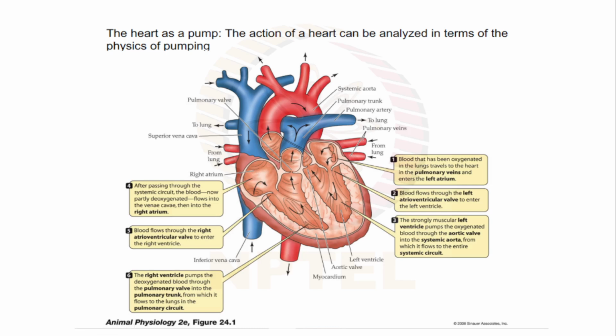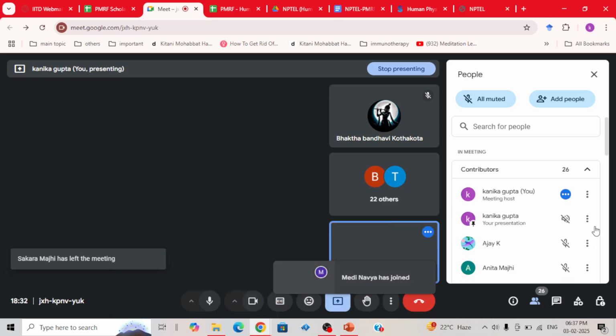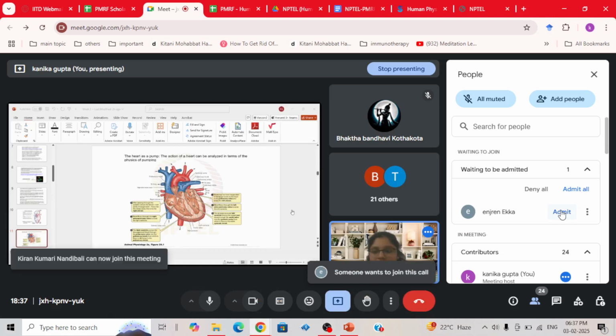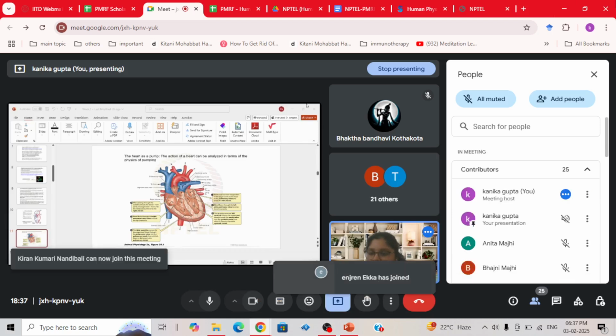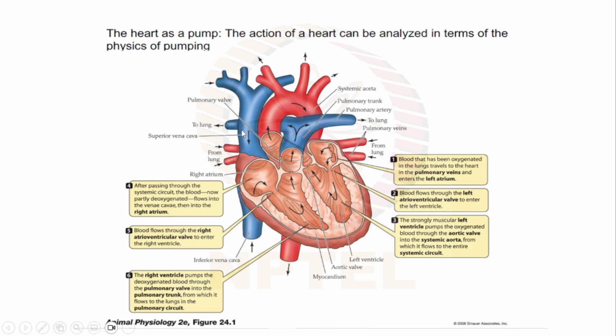It opens and blood flows from the right auricle to the right ventricle. So, as I told you earlier, the deoxygenated blood that has been collected through these vena cavas to the right auricle will enter the right ventricle. This right ventricle will then contract, and it has an opening of the pulmonary artery, which you can see in blue.